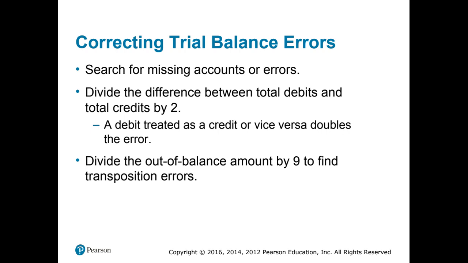Because they're supposed to both equal. So A is supposed to equal A. Both of these are supposed to equal, and they don't. 500 and 600 do not equal. So we know that there is an issue somewhere in here. We have put something in here that is not correct. That's what this slide is trying to tell you how to fix or find.